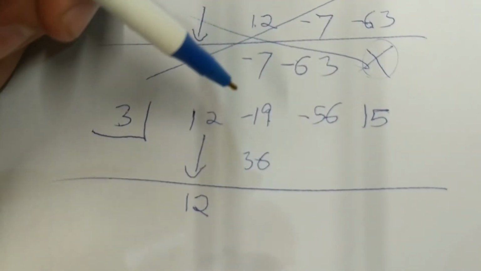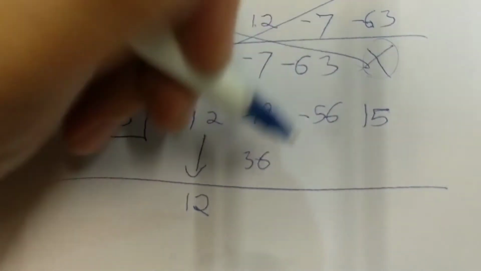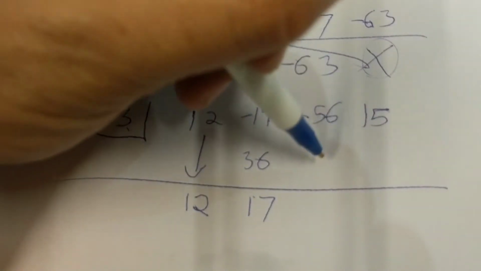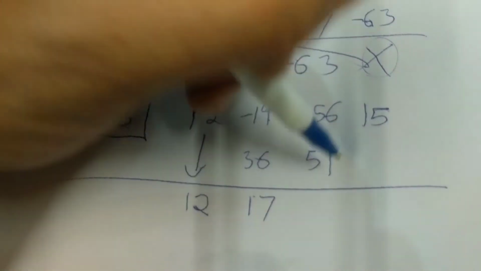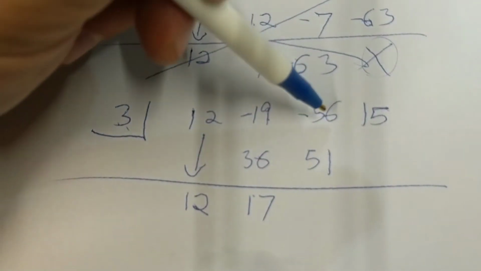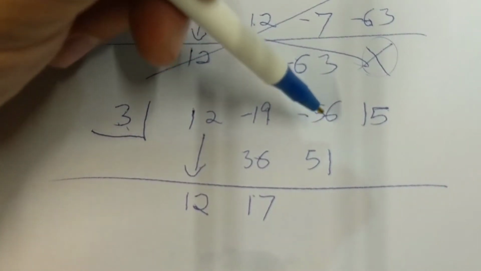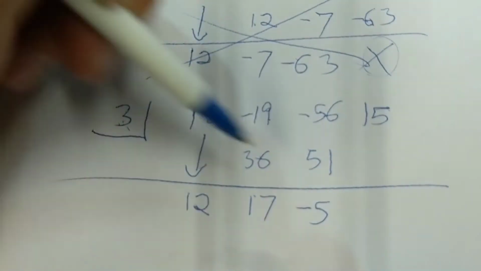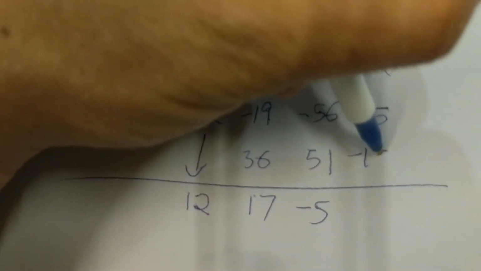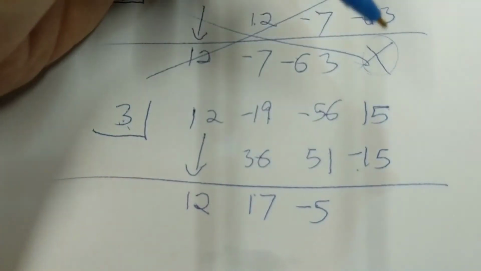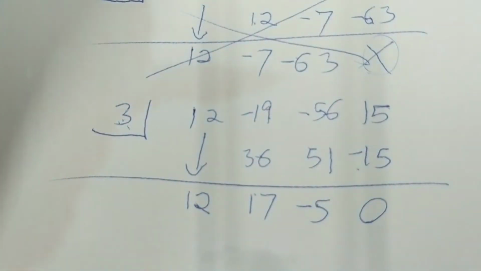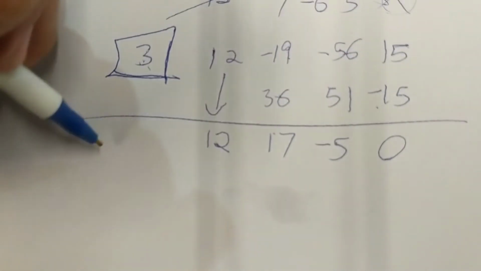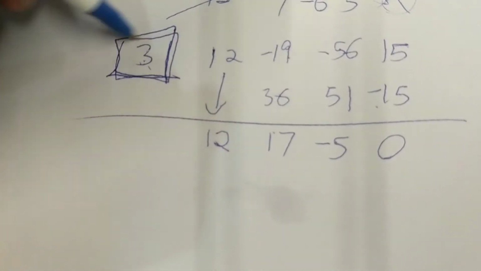Negative 19 plus 36 is 17. Then 3 times 17 is 51. Negative 56 plus 51 is negative 5. 3 times negative 5 is negative 15. Look at that. Negative 15 and 15 makes a 0 remainder. That means 3 is a root for us, and x minus 3 is a factor of the original.